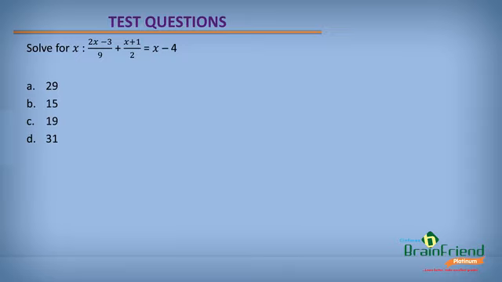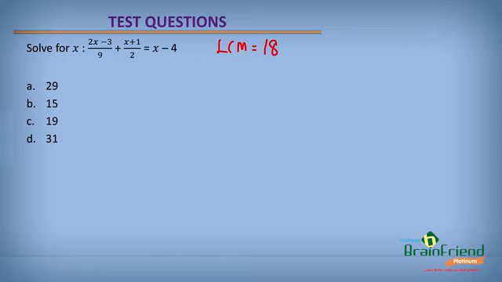Now, to solve this, the first step, as we've learned, is to look for the LCM of the denominators. The LCM of 9 and 2 is 18. And then the next step is to multiply each term on the left-hand side and the right-hand side by the LCM.